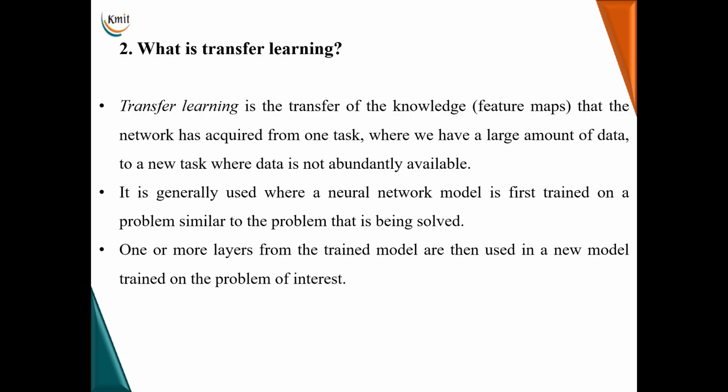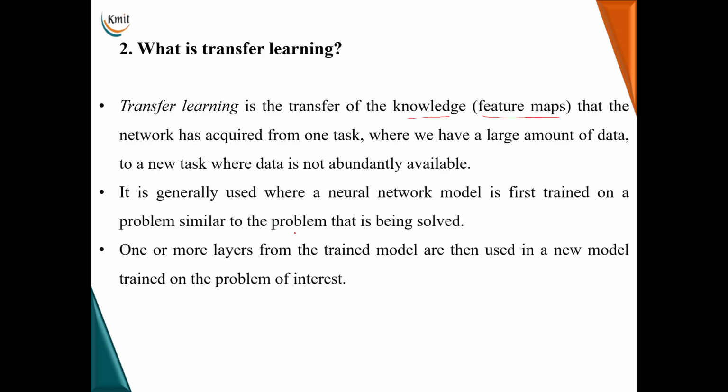The definition of transfer learning is transfer of knowledge. What kind of knowledge are we talking about? As we are talking about images, we will talk about feature maps that the network has acquired from one task where we have a large amount of data, to a new task where data is not abundantly available.